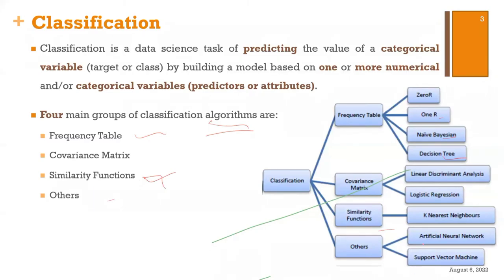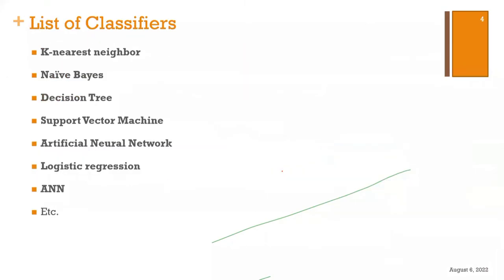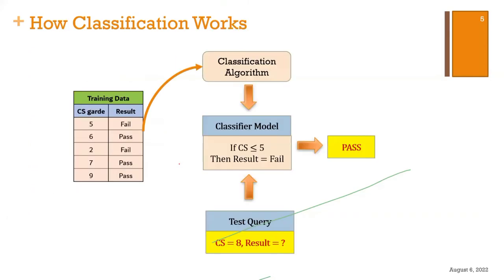Others means they are using totally different ideas, like neural network, support vector machine, and a host of others that don't fall into these 3 categories. As we've listed earlier, this is k-nearest neighbor, Naive Bayes, decision tree, support vector machine, artificial neural network, and a host of others.